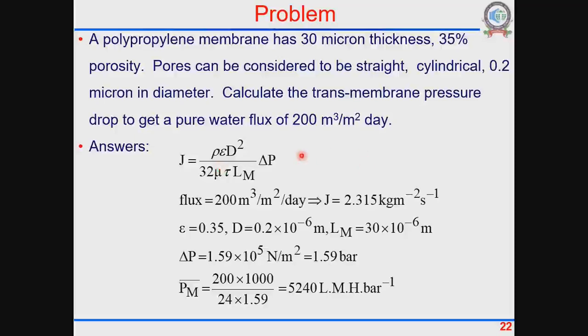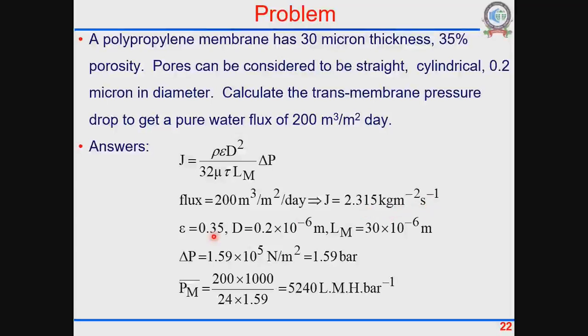Okay, here's the solution. So we looked at J equals rho epsilon d square divided by 32 mu tau, thickness of the membrane, delta P. If we start using SI units, flux was 200 meter cube per meter square day. Let's convert this to SI units. If you convert the units properly, it becomes 2.315 kg per meter square per second.